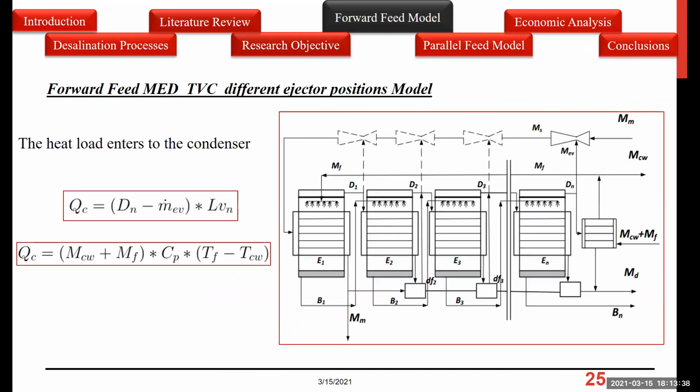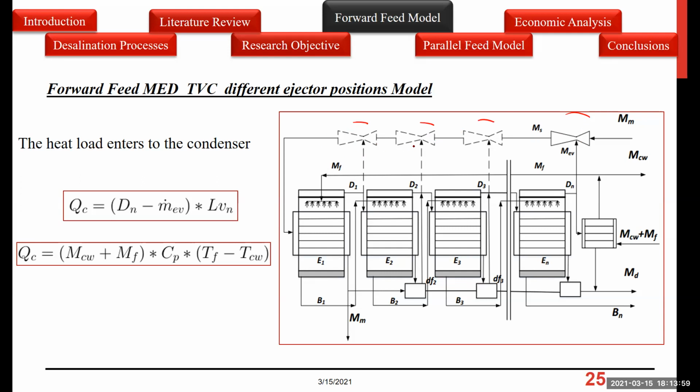The second question that I was telling you about was, what's the best location for the TVC? If we are talking about a system of 4 effects, should we put it here, or here, or here, or here?